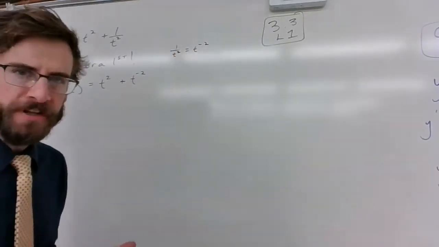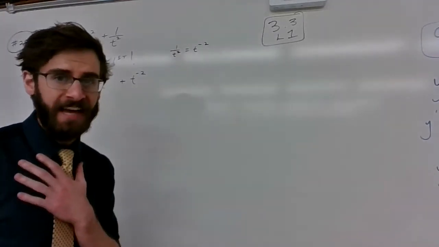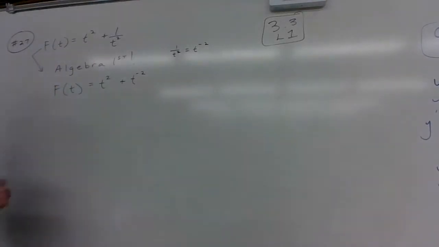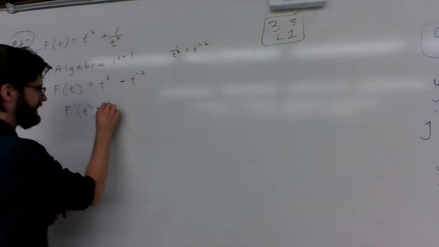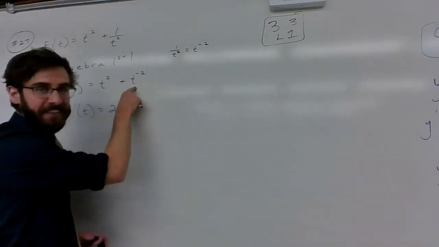I talked about exponents in depth a little bit a few days ago, so I'm just hoping you guys are okay with that. Ask questions in class if you're not. Once you get it to this part, now all we need to do to find the derivative is power rule on t squared, which gives you 2t, and then power rule on t to the negative 2.